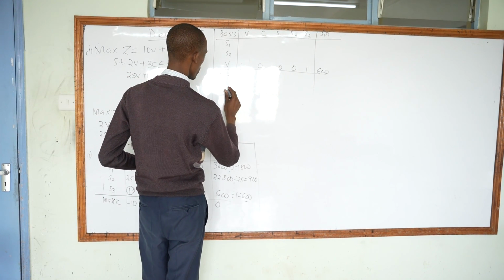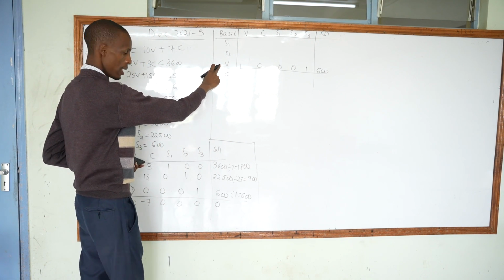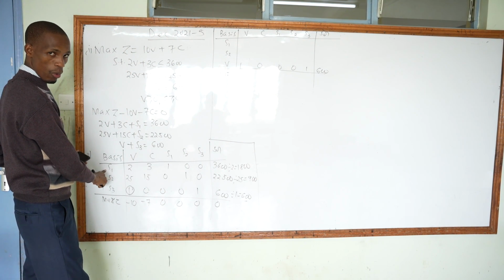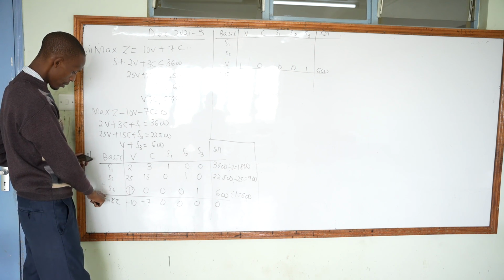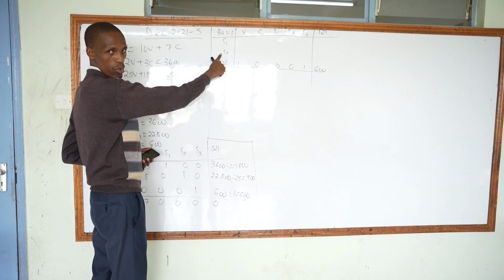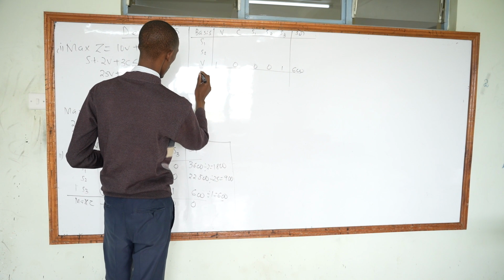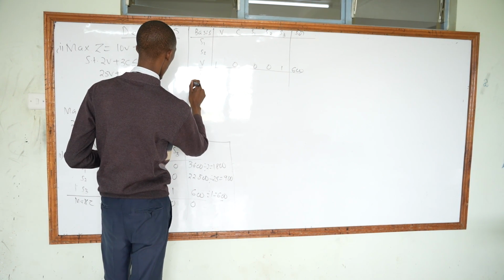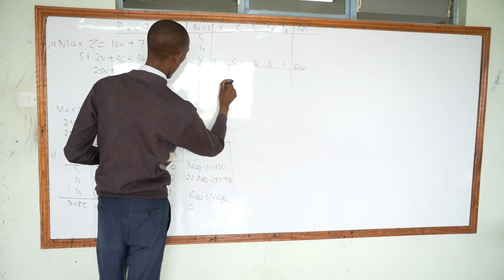We are going to come and say, this is called new row. This is the old row 1, old row 2, old row 3, old row 4, or new row 1, new row 2, new row 3, new row 4. So I want new row 1 using old row 1 and new row 3.